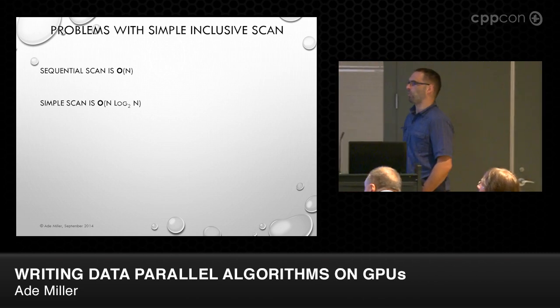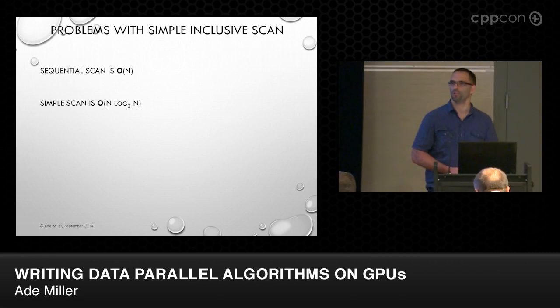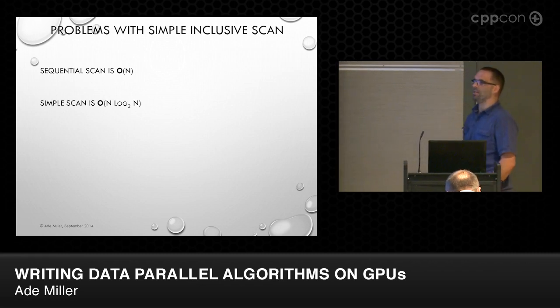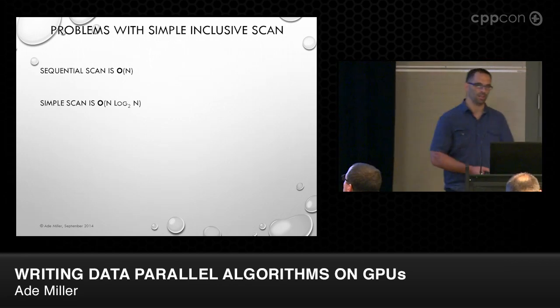Now, as a quick and dirty solution as part of your algorithm, it might do the job. It might still be faster than moving the data back to the CPU, doing a scan on it there, and then moving it back to the GPU and continuing. Another good example is histogram. There are several things that are actually pretty hard to write on a GPU, but just as I said with a parallel algorithm, you have to negate the overhead of parallelizing it.